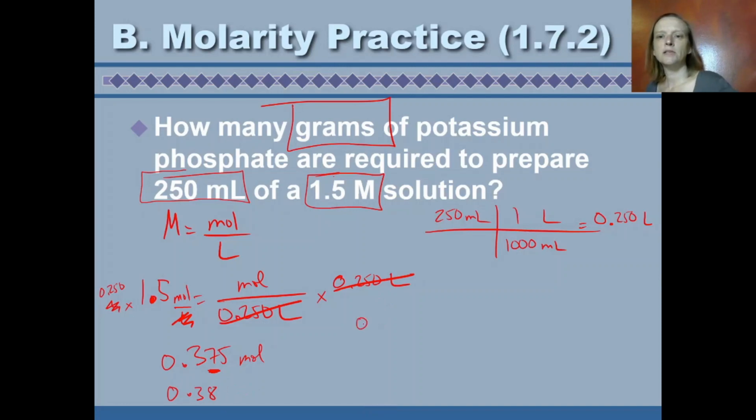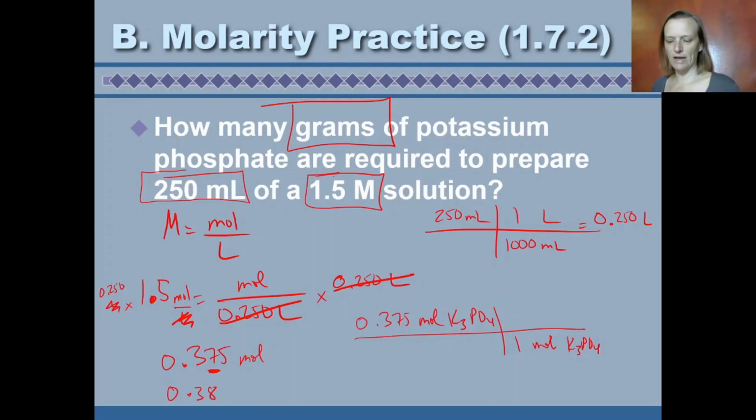So let's use this 0.375 moles of potassium phosphate to calculate how many grams of potassium phosphate we have. So 1 mole of potassium phosphate, if you look up potassium, 3 potassiums, 1 phosphorus, 4 oxygens on the periodic table, you get a molar mass of 212.27 grams of potassium phosphate.